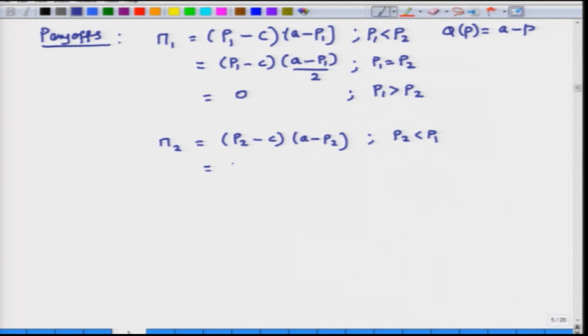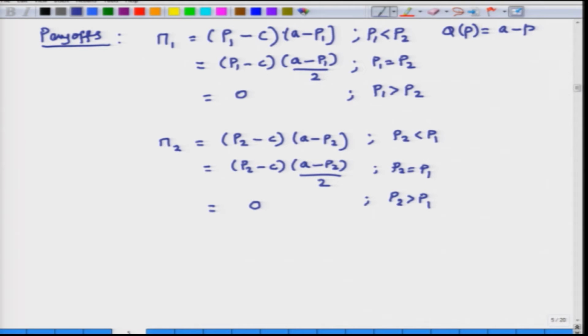If both the firms charge the same price, then they split the market, so firm 2's profit is P2 minus C times A minus P2, divided by 2, when P2 is equal to P1. When firm 2 charges a price greater than the price charged by firm 1, it does not sell anything because no consumer comes to firm 2, they all go to firm 1, when P2 is greater than P1.